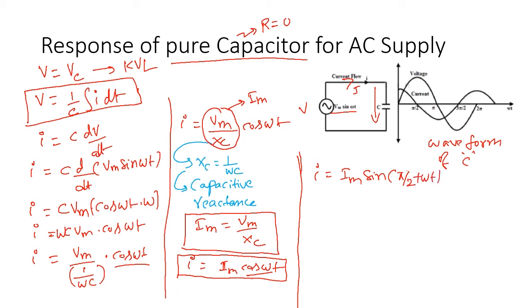What is sine of 90 plus theta? This is the second quadrant. In the second quadrant, what happened? Sine of pi by 2 plus omega t becomes positive, so you will get cos omega t. So I am going to write it here: Im sine of omega t plus pi by 2. So this is the current equation.